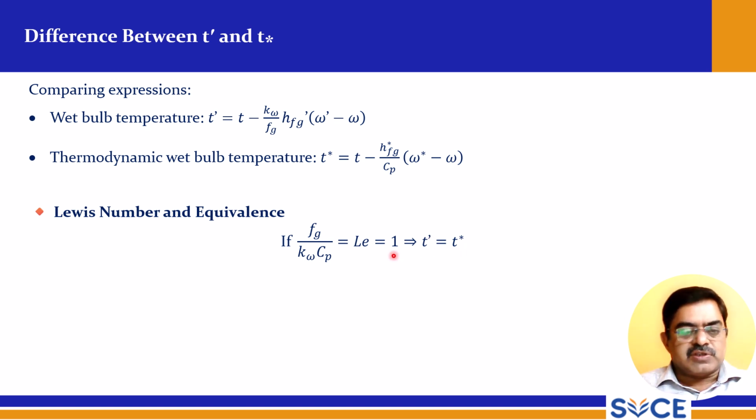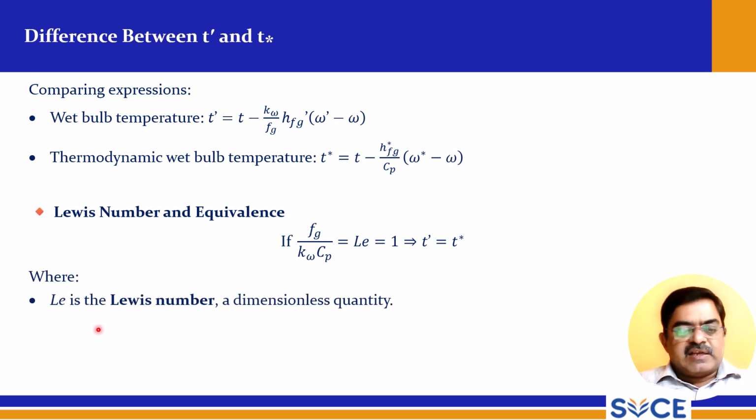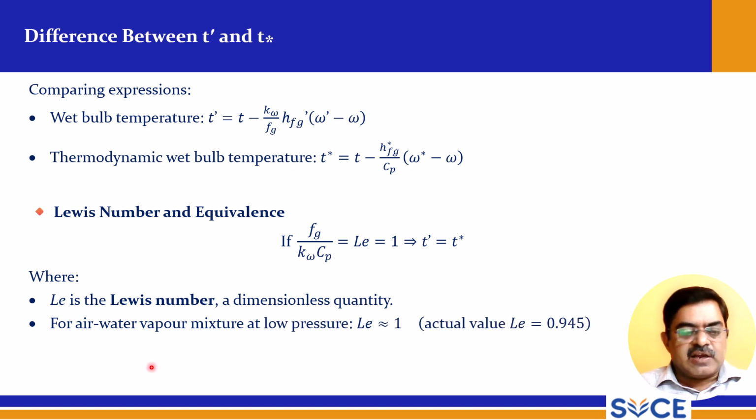When the Lewis number and its equivalence are considered, T dash will become T star, where Le is the Lewis number, a dimensionless quantity, and for air vapor mixture at low pressure, Le equals 1. So we can consider Le equal to 1, and the actual value of the Lewis number is 0.945, which is dimensionless.